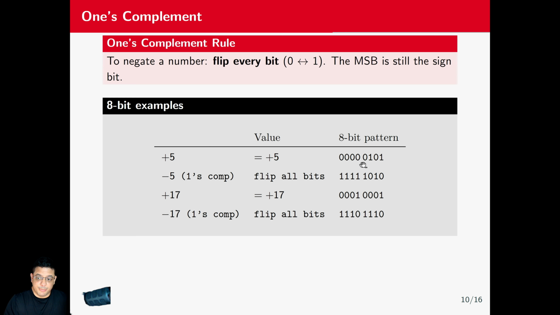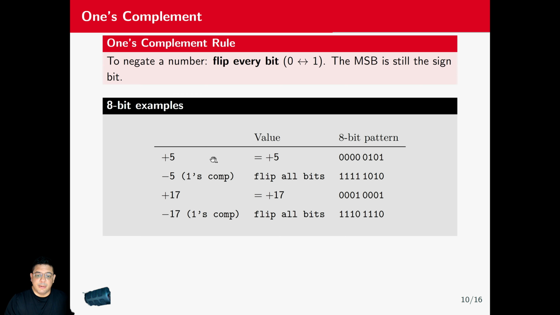The 8-bit pattern representation of that is going to be 0, 0, 0, 0, 0, 1, 0, 1. Notice that this is still binary representation, so we have a 1 in the 2 to the 2 position, and a 1 in the 2 to the 0 position.